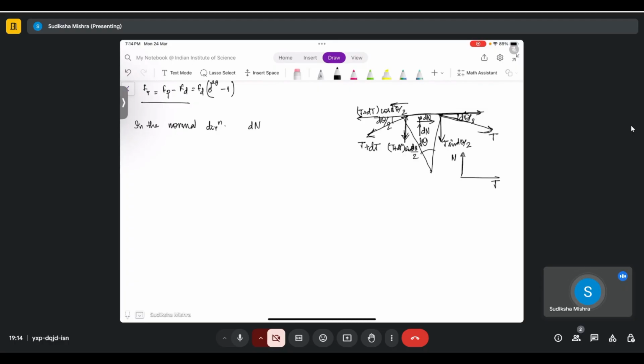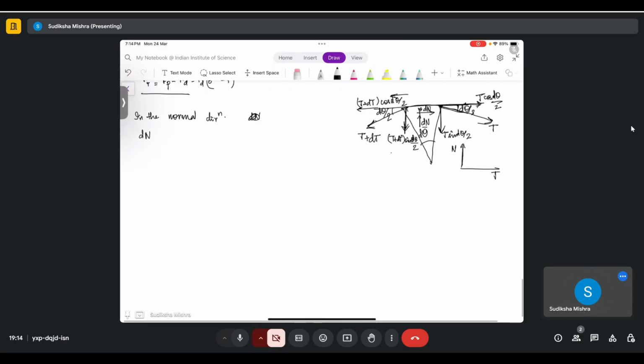Similarly, this will be T sine d theta by 2, and this will be T cos d theta by 2. So in the normal direction, the forces are dN and the sine components of T plus dT and T.